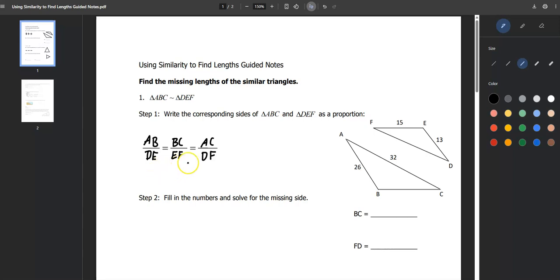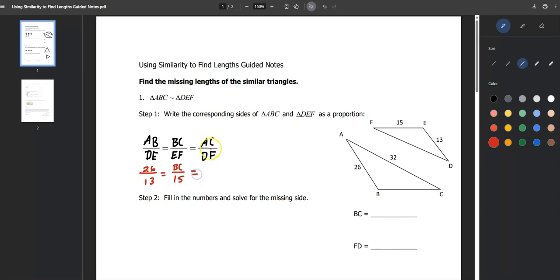Okay, if I get more specific with this and put values in, A to B would be 26, and then D to E would be 13. And that should be equal to B to C, which I don't know, so I'm just going to leave B to C. But I do know E to F, that's 15.